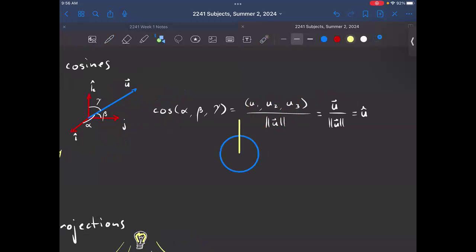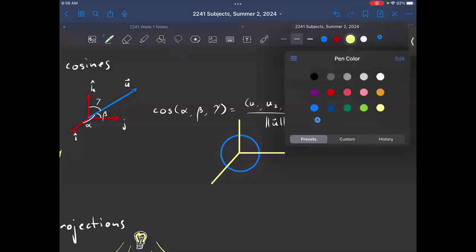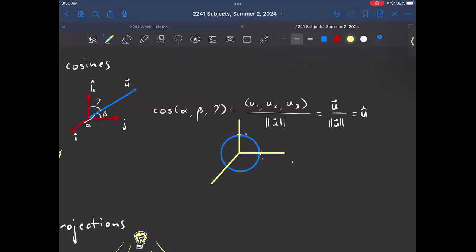And with my XYZ axes, this guy should be size 1, 1, 1, 1 here. And all of those vectors, the scaled components by the norm, should end up right somewhere here on the sphere.